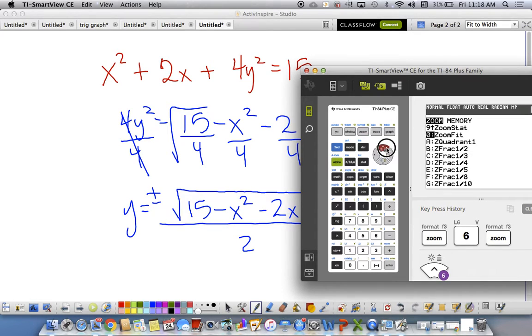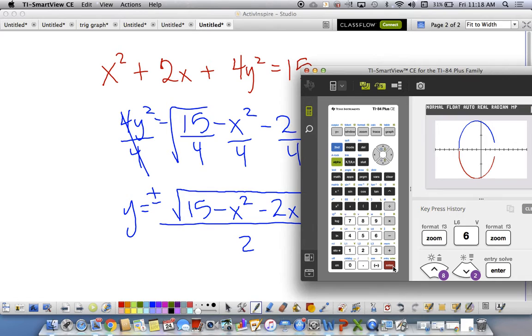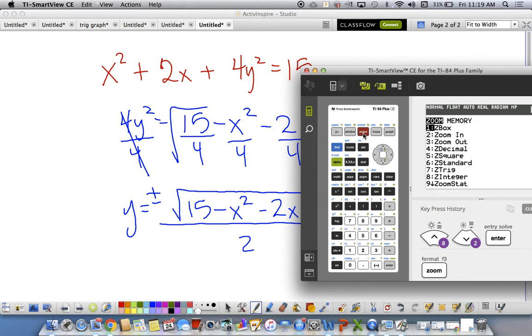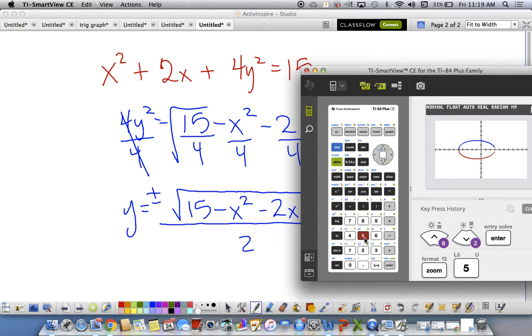Yeah, zoom fit. Let me go down one more. Oh, I don't like that at all. Can we do a zoom square? I can't see. Zoom square is a little better.